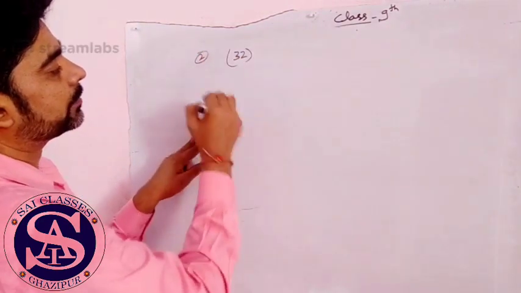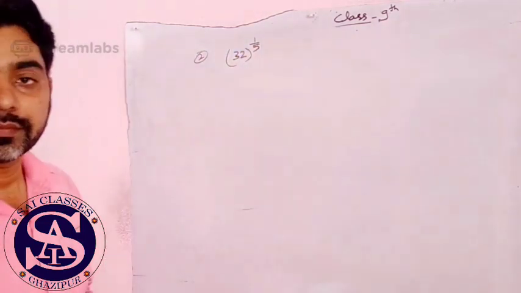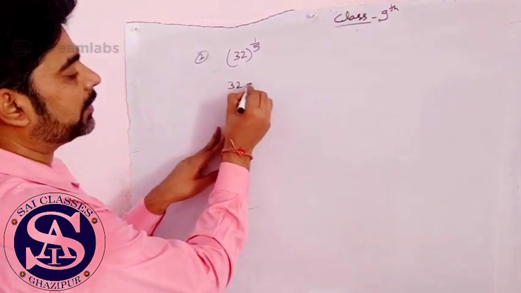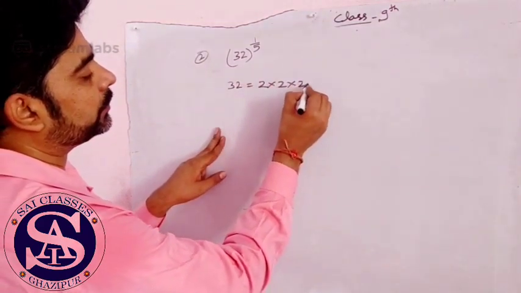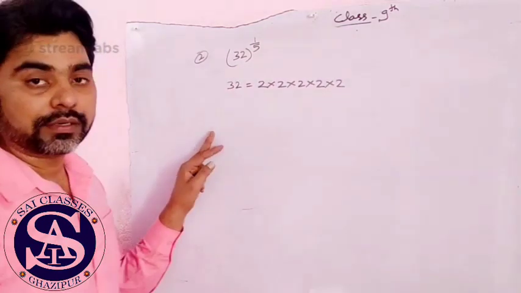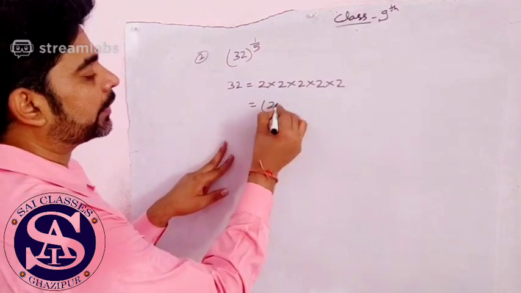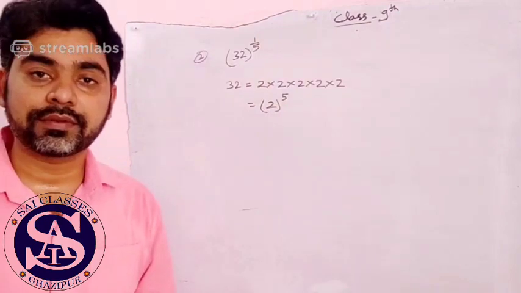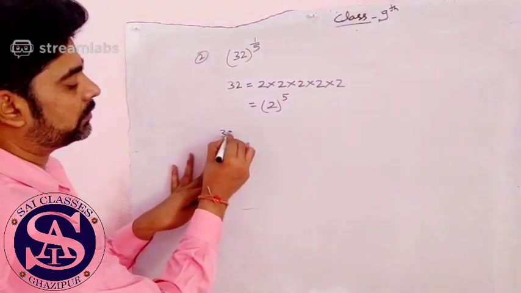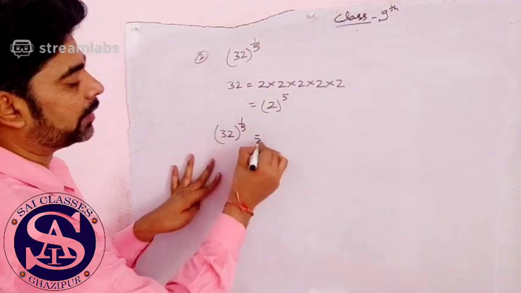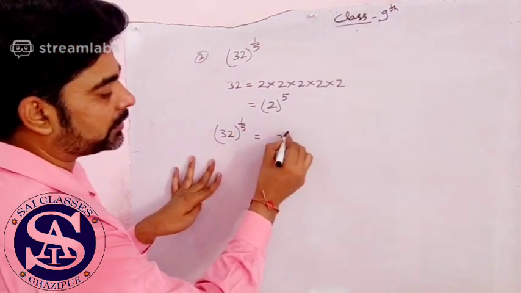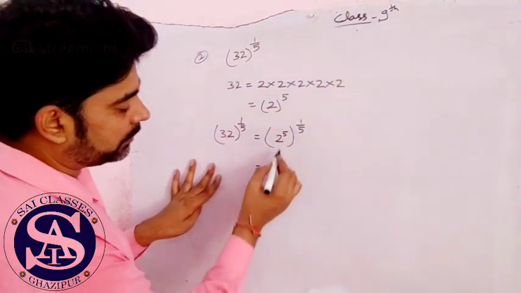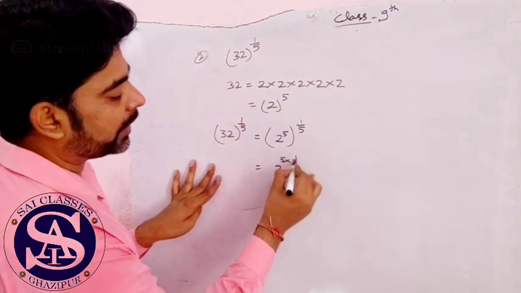32 raised to 1 upon 5. Now we will do the same thing as before. 32 can be written as 2 into 2 into 2 into 2 into 2, or 2 raised to 5. Now 32 raised to 1 by 5 can be written as 2 raised to 5, whole raised to 1 upon 5, which becomes 2 raised to 5 multiplied by 1 by 5.